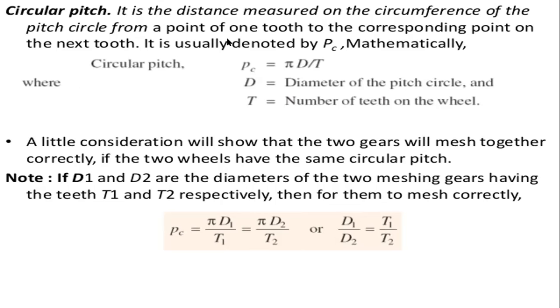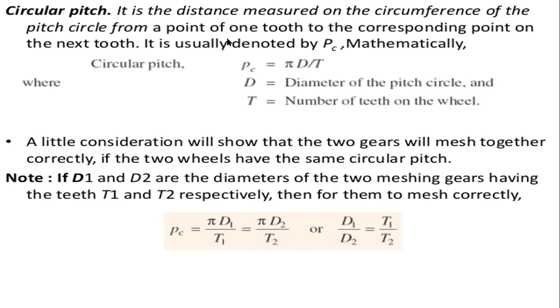Usually meshing is done between two gears. So the distance along the circumference of the pitch circle from a point of one tooth to the next tooth is called the circular pitch, and it is usually denoted by Pc.